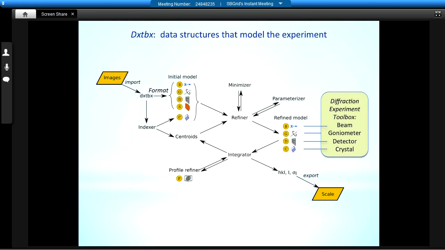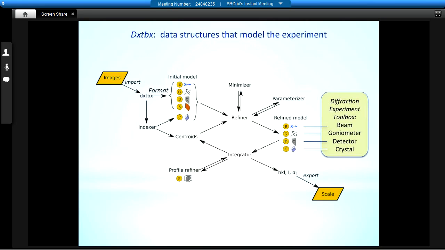So the experiment is fully described inside the program; it's a full vector representation of everything in the experiment. And if you are a beamline developer with a reverse phi, you can simply develop a specialized format class that may have a few lines of extra code that says that this rotation is upside down. So it's written to begin with the idea that users or beamline scientists will modify it.